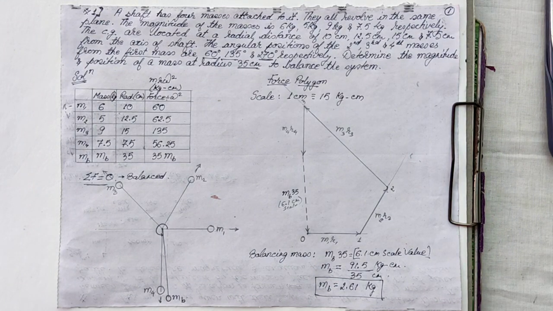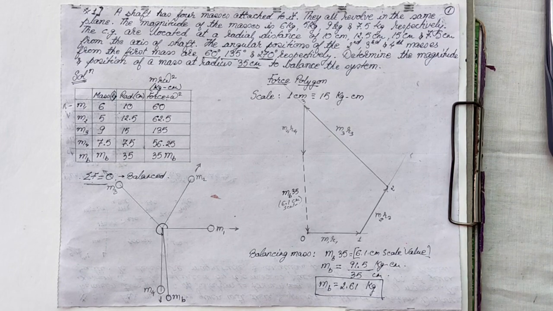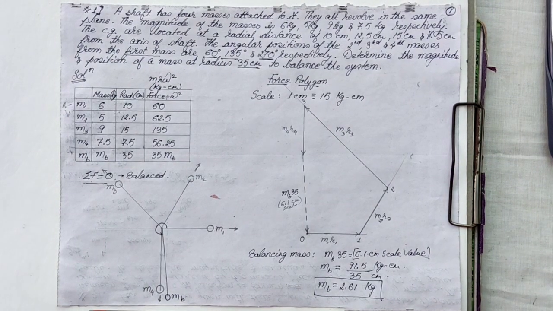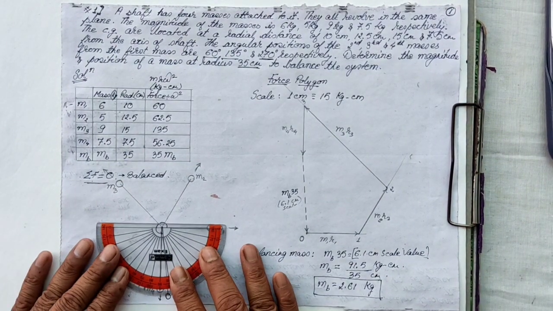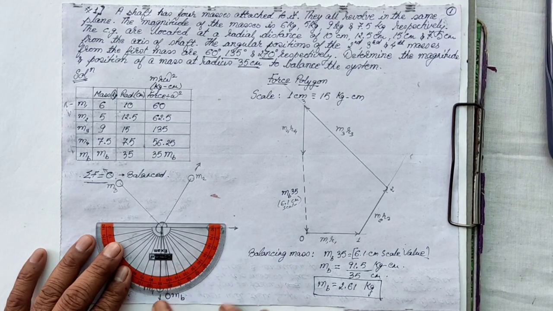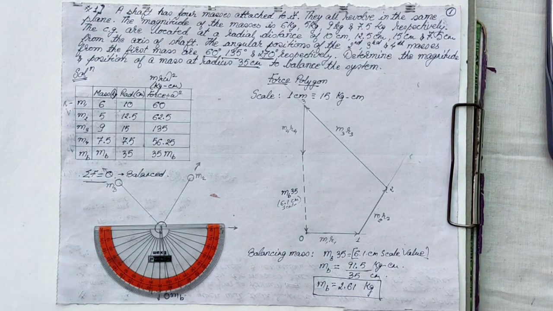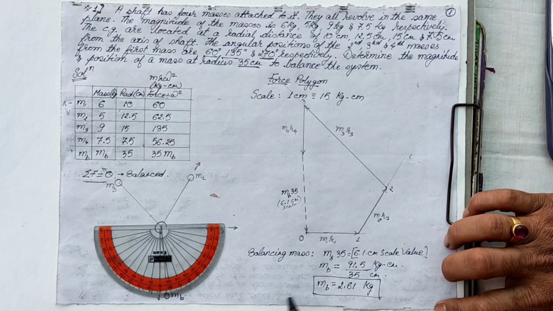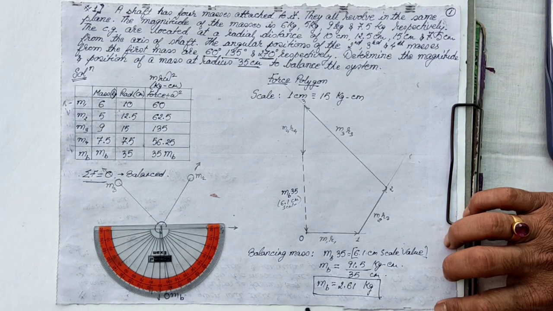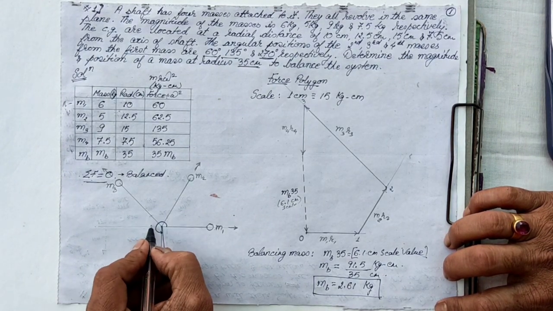Now what is remaining is the phase. Let's see the phase. For measuring the phase, it is coming out to be somewhere 275, 76, 77. I named this phase angle as theta.